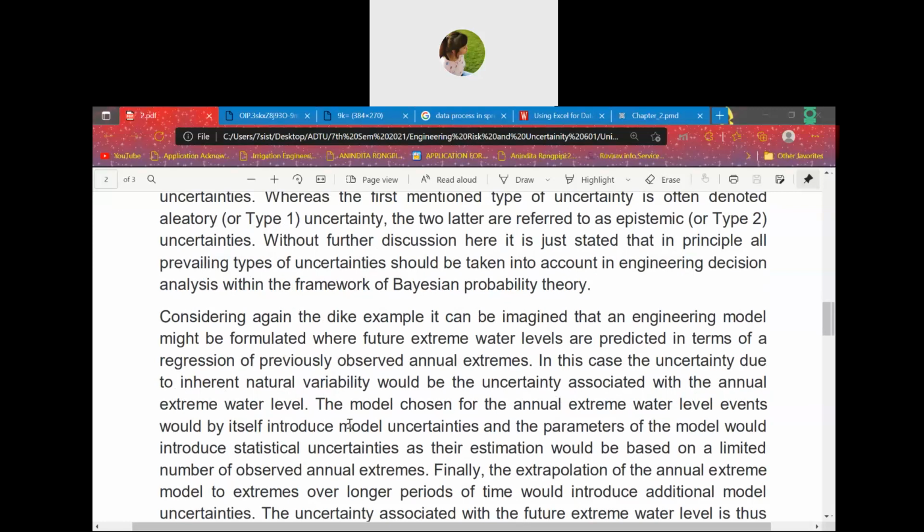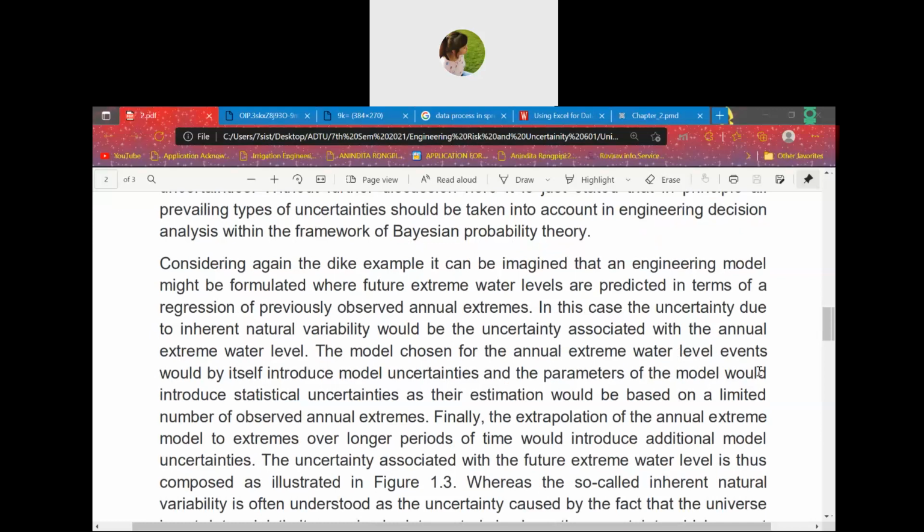The model chosen for the annual extreme water level events would itself be introduced as model uncertainties. And the parameters of the model would introduce statistical uncertainties, as their estimation would be based on a limited number of observed annual extremes.